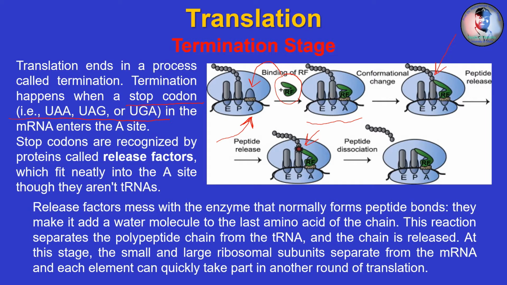This reaction separates the polypeptide chain from the tRNA and the chain is released. At this stage, small and large ribosomal subunits separate from the messenger RNA, and each element can quickly take part in another round of translation.